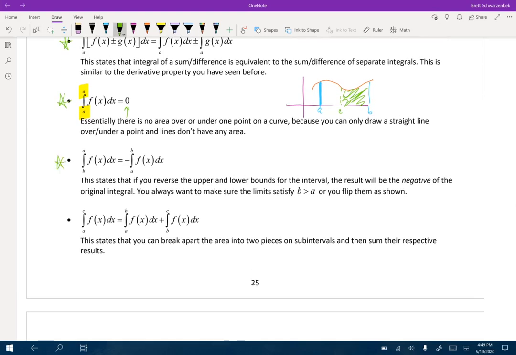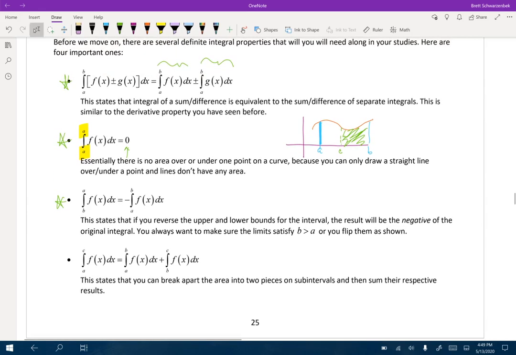Next, if you have the area from b to a of f of x dx, the best way to put this is, if you have an integral, you always want the lower, smaller number to be on the bottom. So let's say you were given the bigger number on the bottom of a function, let's say 2x plus 1, right?